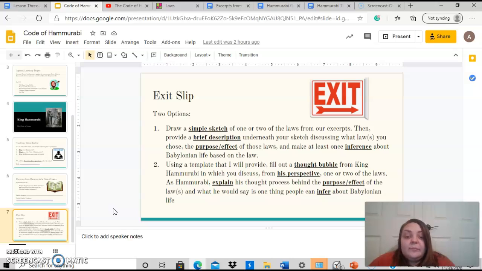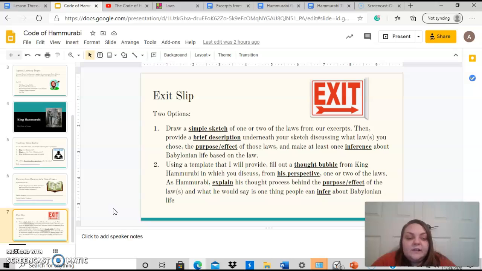Then they're going to write a brief description underneath their sketch, discussing what law or laws they chose, the purpose and effect of those laws, and make at least one inference about Babylonian life based on the law. And then second, using a template that I will provide, and I'll show that in just a minute, they will fill out a thought bubble from the perspective of King Hammurabi.